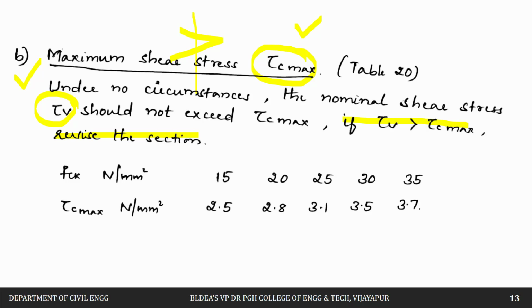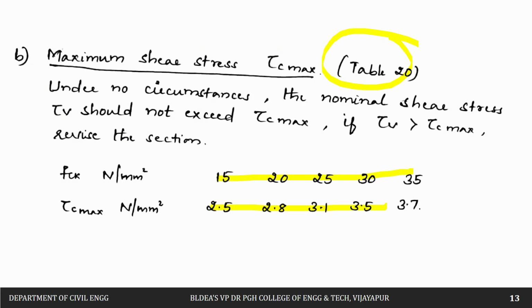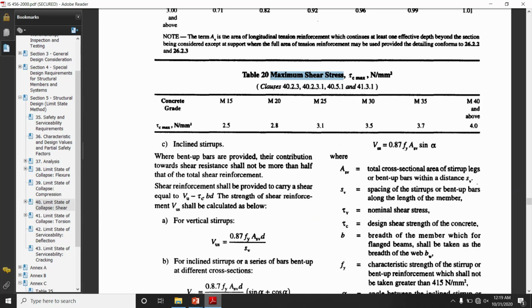The tau c max values for different grades are given in Table 20, maximum shear stress tau c max for different grades of concrete.